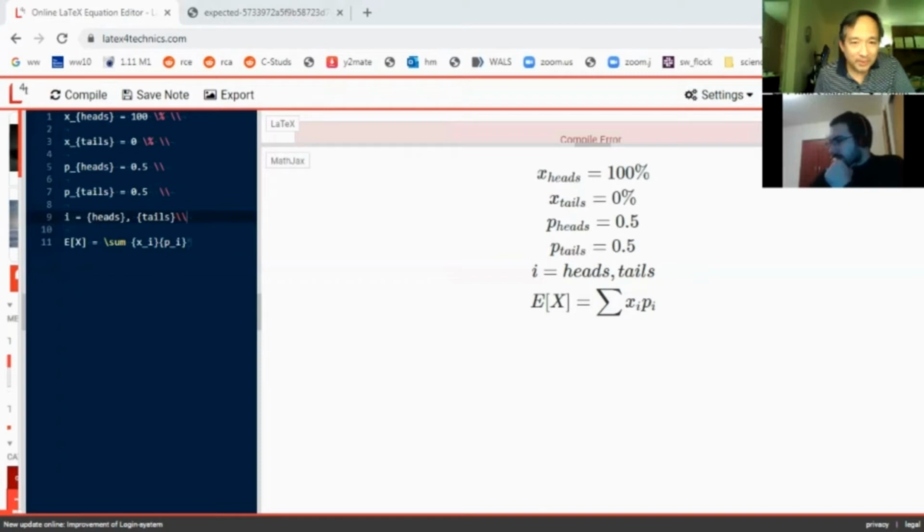Sum, i equals 1 to k. Okay, let me try this.